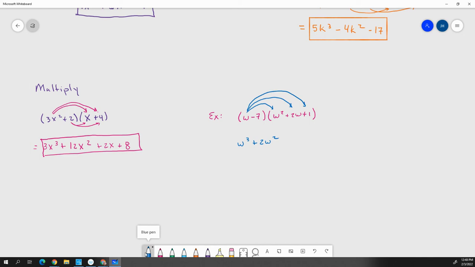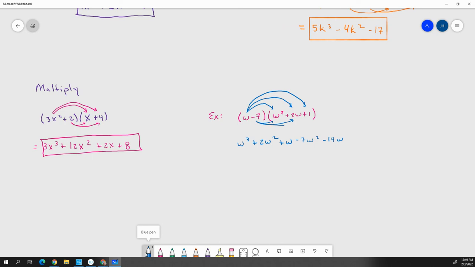Well, anything times 1 is just itself, so we get plus W. And that W's been played out now, right? We've multiplied it times every piece. And so now we're going to take the negative 7, and we're going to go negative 7 times W squared. We're going to get minus 7W squared. And then we're going to multiply it times 2W, and we're going to get minus 14W.